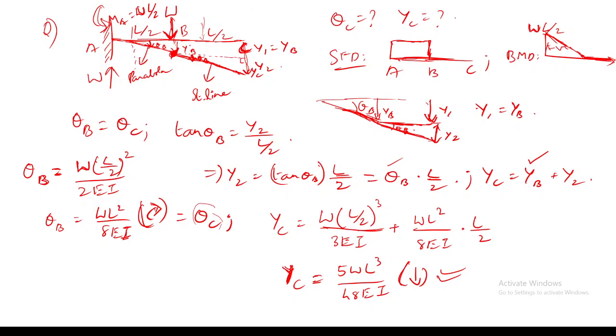For example, we are taking left clockwise as positive and right anti-clockwise as positive. So here MA is actually anti-clockwise. So the BMD will be like this. This is the thing you want to say.